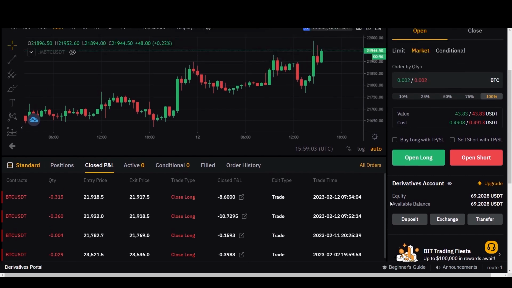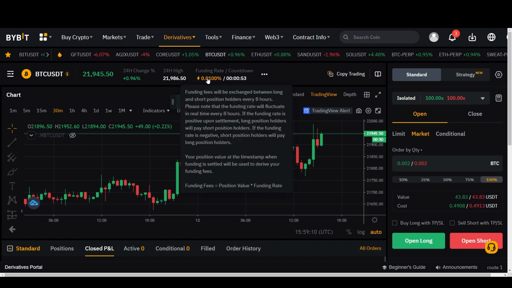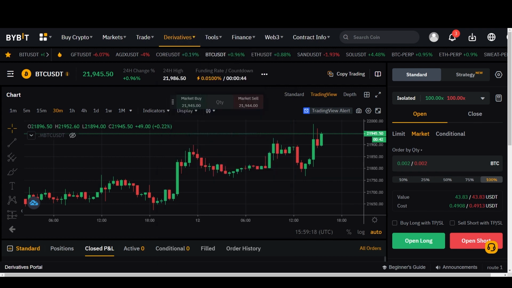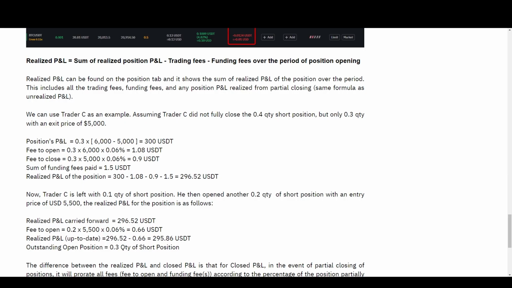I swear I remember seeing a funding fee. Oh, funding is here. Funding fees is position value times funding rate. Position value times funding rate is 0.01.